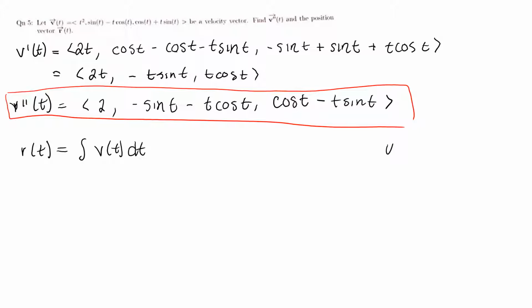Remember that by parts is u times v minus the integral of v du. So we're going to go ahead and find the big integral, the one that we need to do.